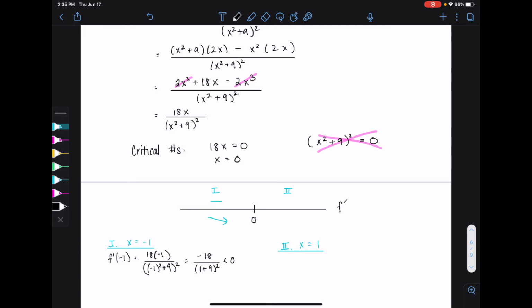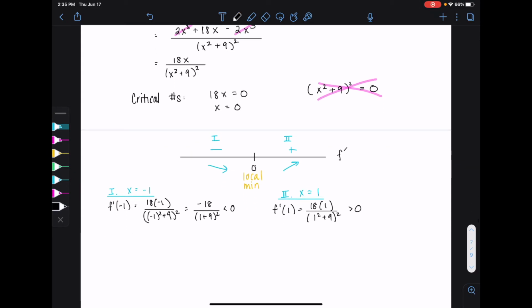And so if I plug that in, we'll get 18 times positive 1 over 1 squared plus 9 squared. Don't care, everything's positive. So this is positive, and immediately this is increasing. So it happens to be, again, that this is a local minimum.